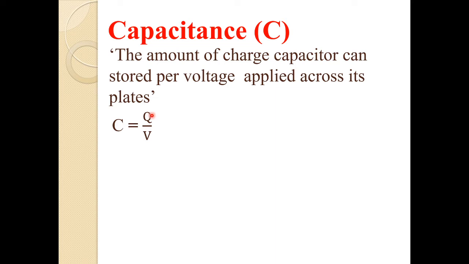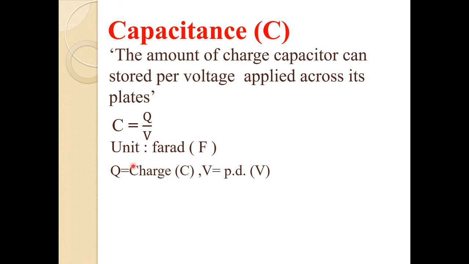Here you have to keep in mind: charge, symbol capital Q, unit coulomb, symbol capital C. Capacitance, symbol capital C, but unit farad, symbol capital F. And voltage, symbol V, the unit is volts.